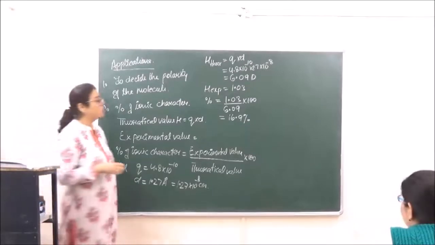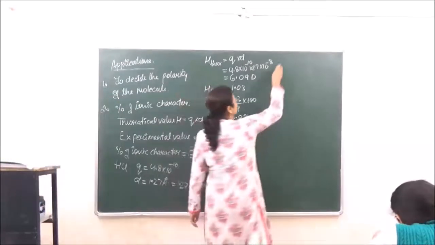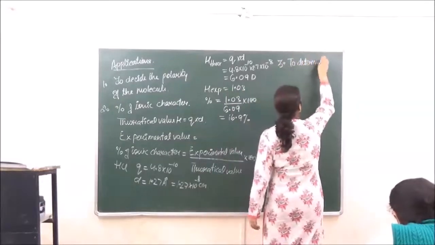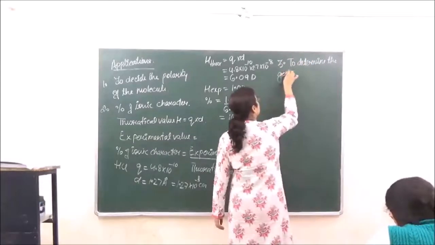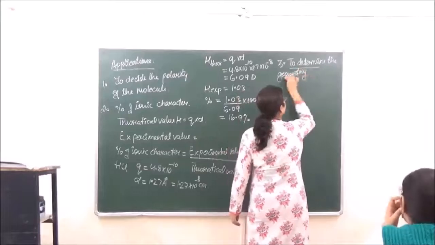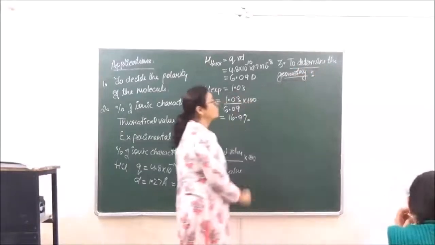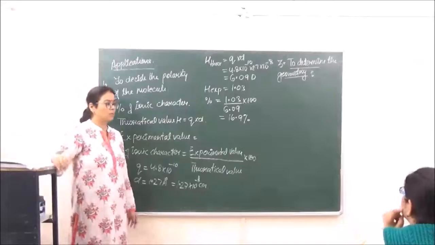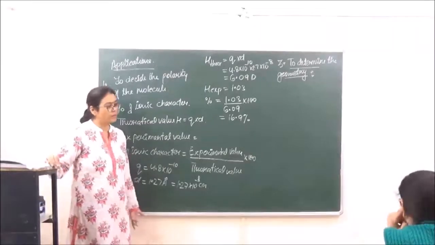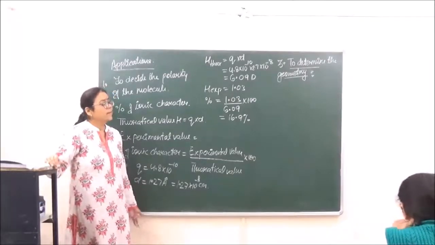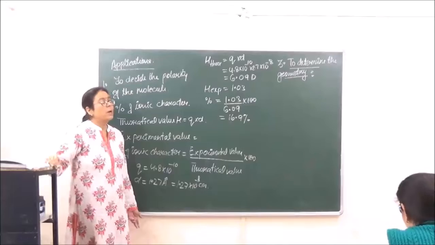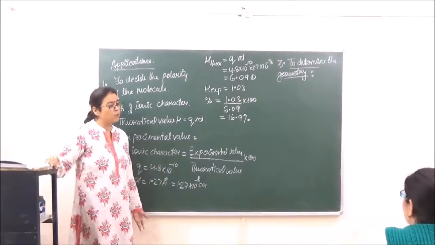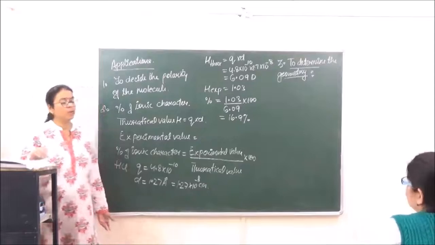The third application is to determine the geometry of molecules. We have already studied that all the symmetrical molecules have a zero dipole moment, and they are said to be non-polar in nature, while the unsymmetrical ones have certain set values of dipole moment and are said to be polar.